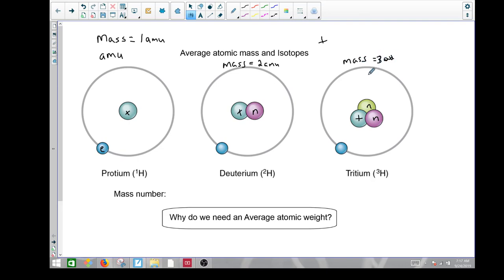So literally this one here is 300% as massive as this one. So if I had a sample of 100 grams of this, and the same number of atoms, but they happen to be tritium, it would weigh 300 grams. There is 3 times the mass.